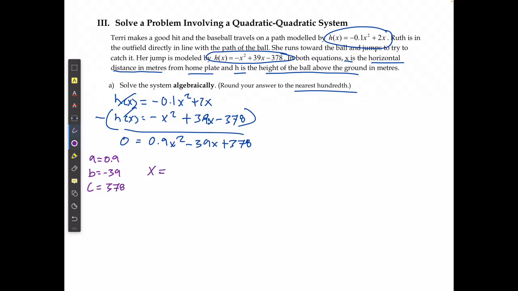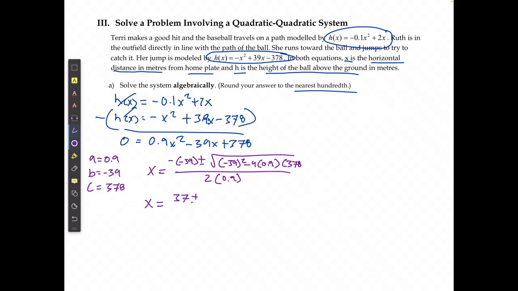So x is going to equal negative of negative 39 plus or minus the square root of negative 39 squared minus 4 times 0.9 times 378, all divided by 2 times 0.9. X is going to equal 37 plus or minus the square root of 8.2, all divided by 1.8. And now I have my two possibilities.